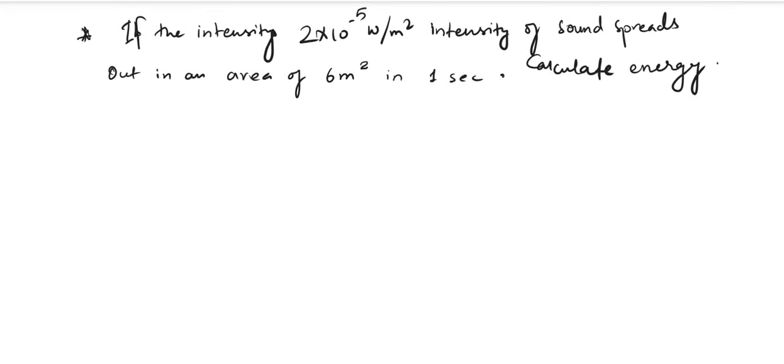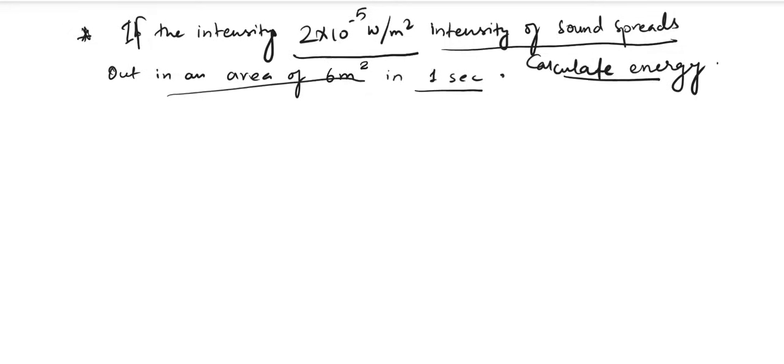Next question. The intensity is given, 2 into 10 power minus 5 watt per meter square. The sound spreads out over an area, and time is given. We have to calculate energy.